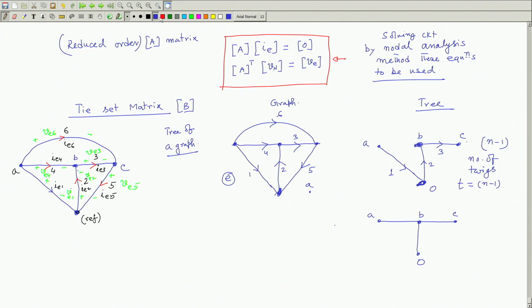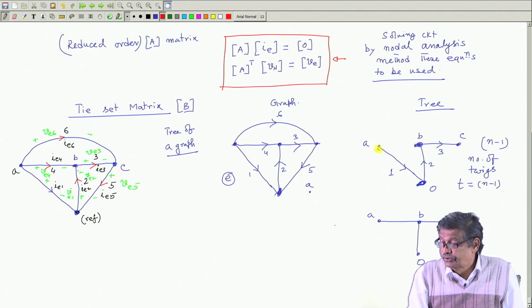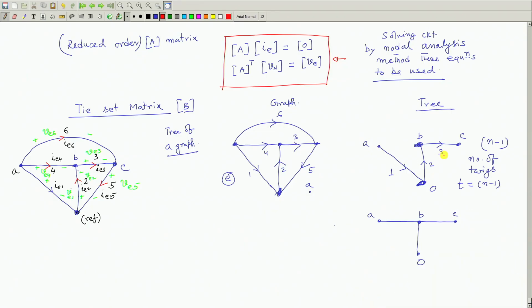Now, the left out branches which are not shown in the twigs, I am showing them by dotted lines with red color. These are the edges I have omitted to construct this tree of this network.